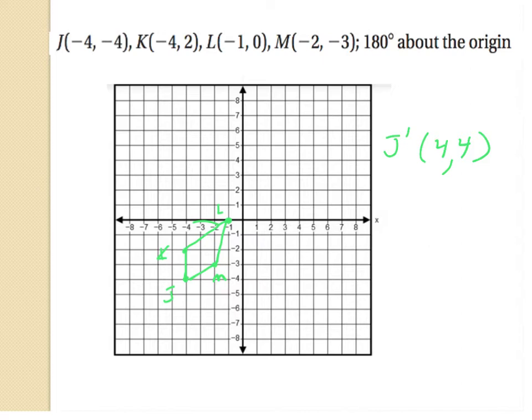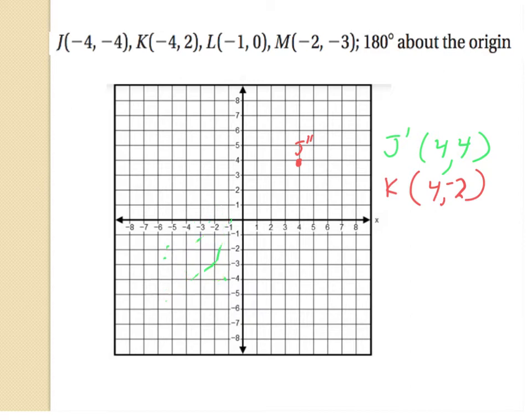So it's going to be 4, 4. And that's going to be J prime. K, we're going to keep them in the same order and reverse the signs. I'm thinking I graphed one of these wrong. -4, -4. Oh, yes, I did.